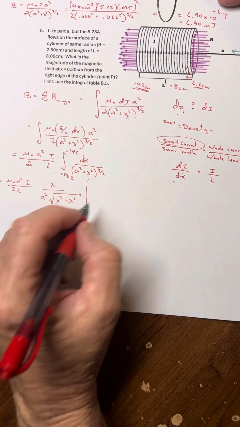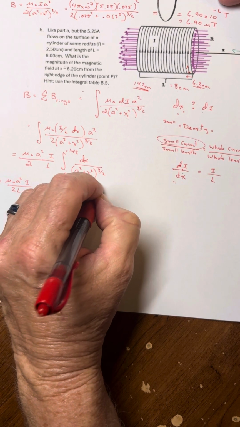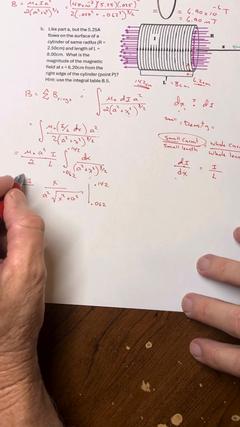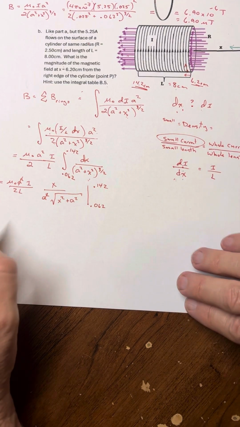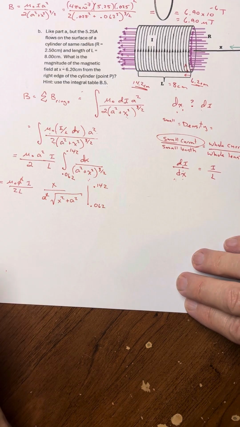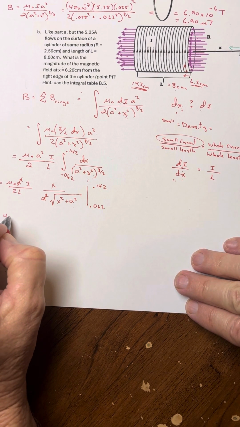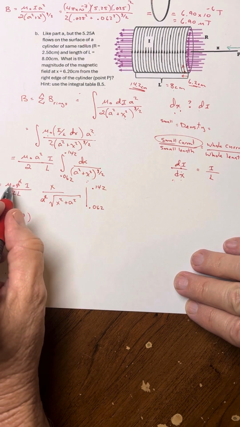And then, of course, I can evaluate it from 0.062 to 0.142. And this a squared cancels off, so I guess it'll save me a little bit of work. But now I need to put in my numbers. So this is 4 pi times 10 to the minus 7 for here.